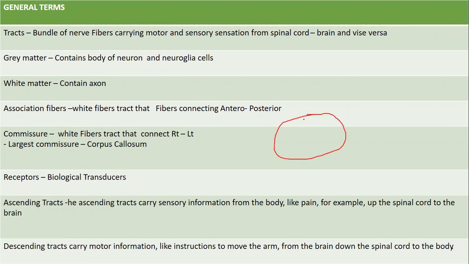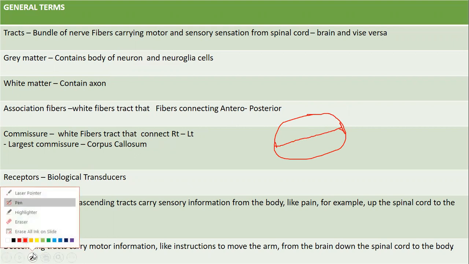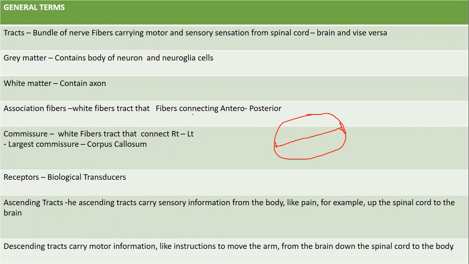When we talk about association fibers, we talk about them antero-posteriorly, so these are association fibers in blue and commissure fibers from right to left.